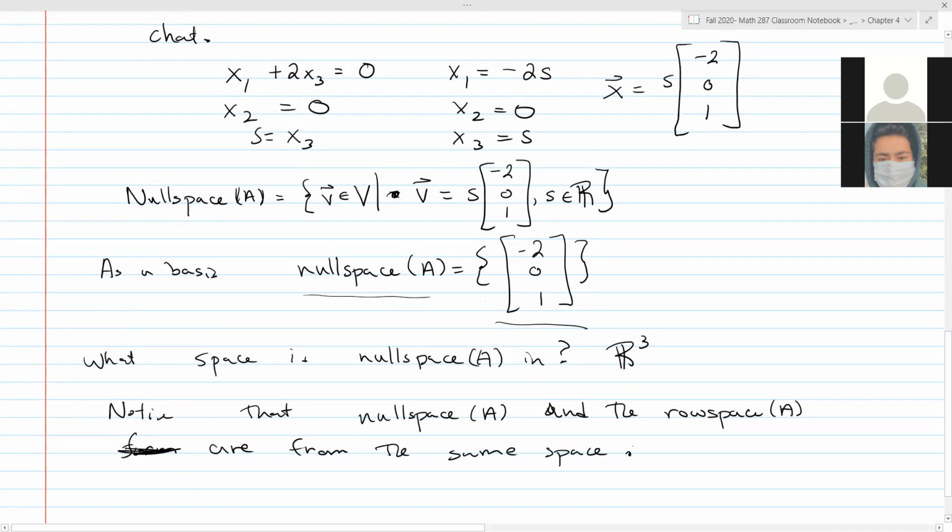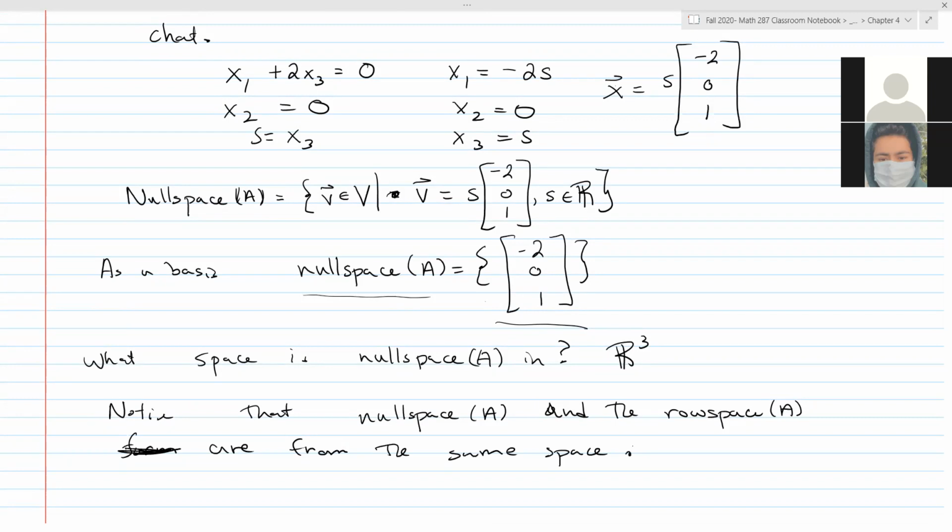The row space is in R3, and the null space is also in R3. That's because we think of the null space as a set of input vectors. We take the matrix A times the input vector in R3, and we get out vectors in R2. That's essentially what happens with this matrix A.